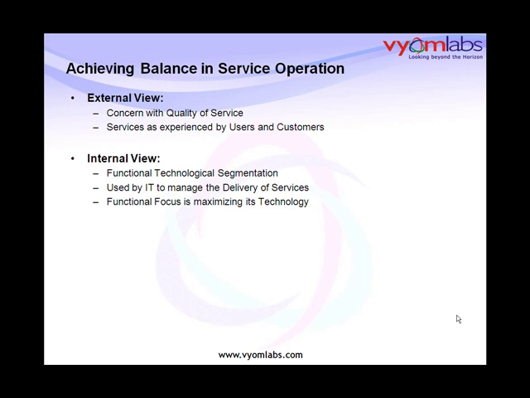The external view of a service is that of the business customers and users who consume the service. It is their experience with the service. They neither know nor care what combination of hardware, software, and engineering comprises the delivery. They are just concerned that the service is able to meet their needs in terms of utility and warranty, and is available when desired.